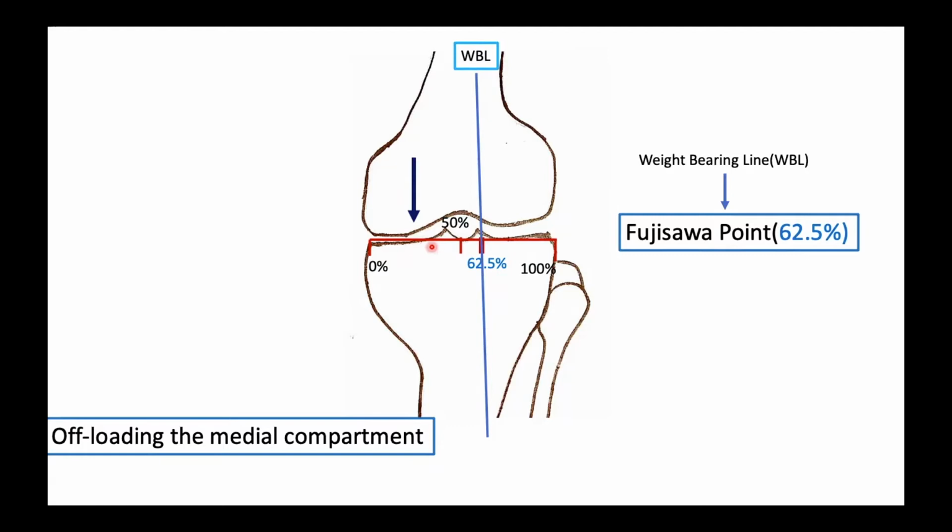So in order to reduce further wear and tear of the medial compartment, or to regenerate a small amount of cartilage in this medial compartment, we want to offload it and take the weight-bearing axis more lateral, so that offloading the medial compartment reduces or prevents further deterioration of the cartilage damage in this portion. Not only of the cartilage damage, but for other procedures as well. I'll explain in subsequent slides.